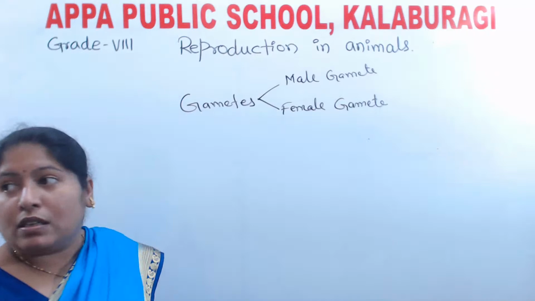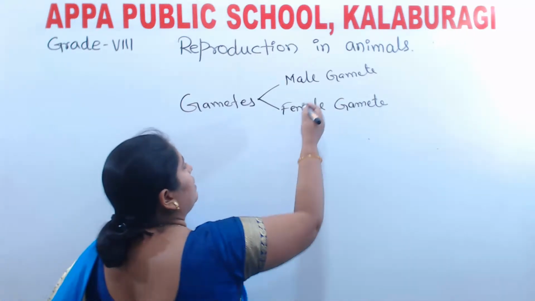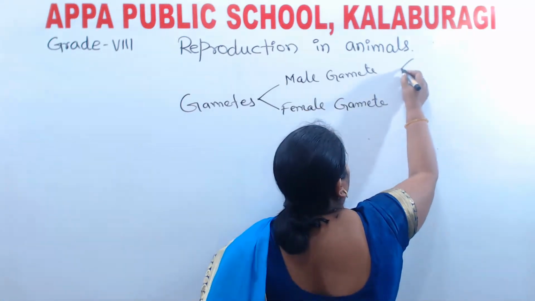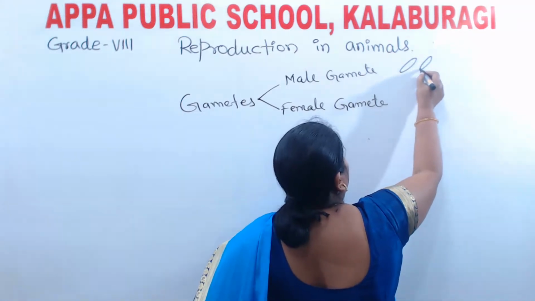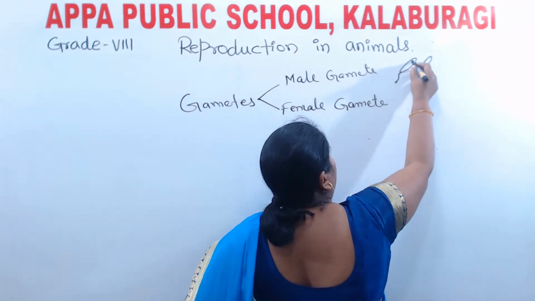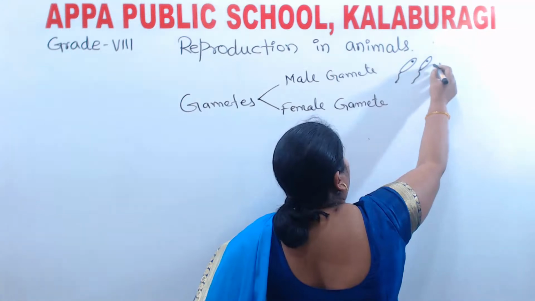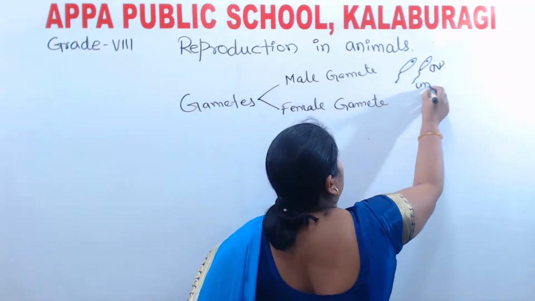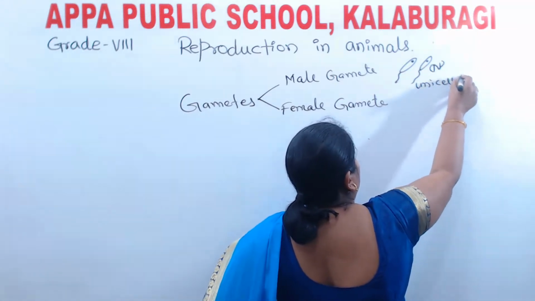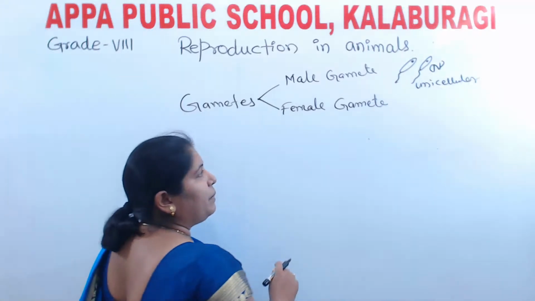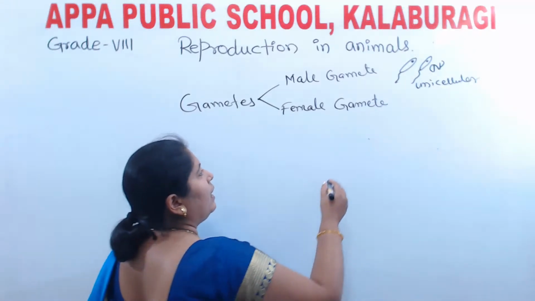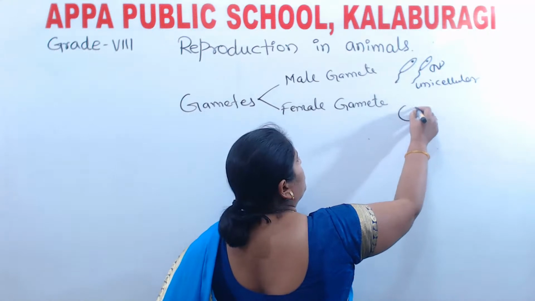Right? So here, the male gamete is nothing but the sperm, which is unicellular having a haploid set of chromosomes. Right? Female gamete, which is again unicellular and having a haploid set of chromosomes.